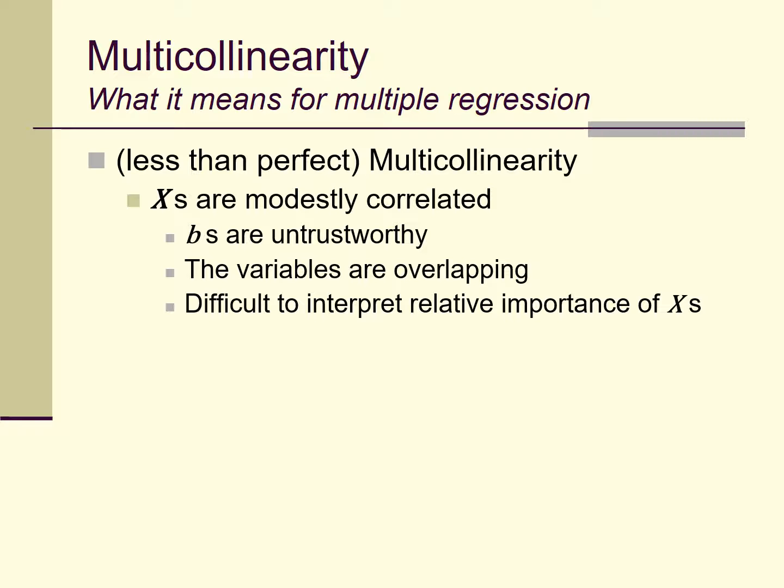Those variables are to some extent overlapping, and it becomes difficult to talk about their relative importance towards the prediction of the outcome variable, because they're sharing in a sense with each other.